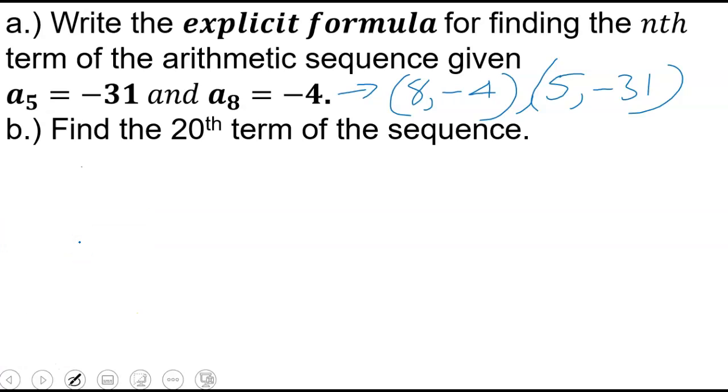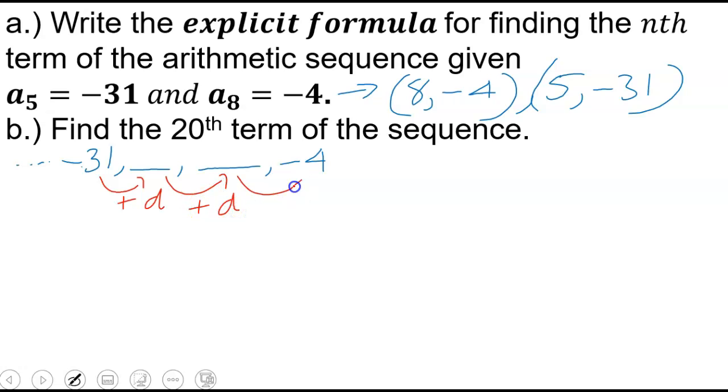All right, so we know that this is -31, and this is the 5th term. So we're going to have the 6th and the 7th, and then the 8th is -4. We know we are going to add the common difference, and common difference, and common difference.